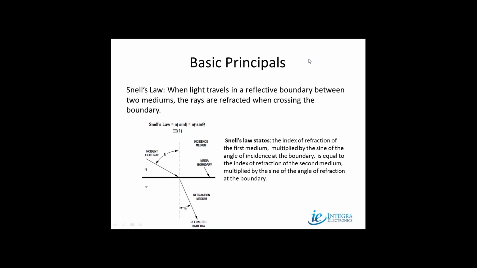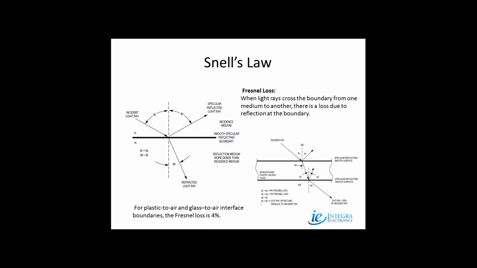And as long as the light is hitting that boundary at a large enough angle, the light will reflect inside the medium and not escape from it. This is basically the physics that we take advantage of to create a light pipe.